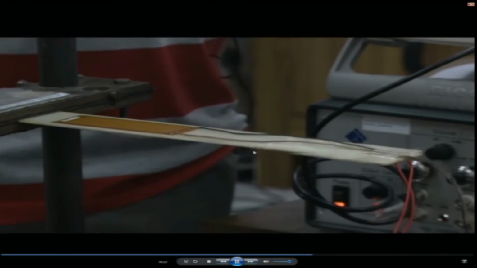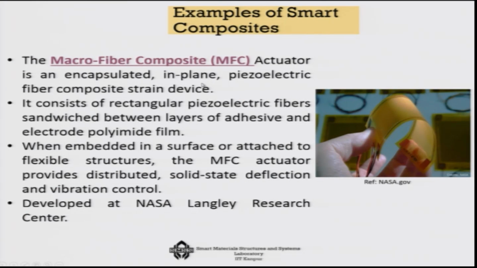So, this is macro fiber composite, and let us look into some of its properties. What it essentially consists of is piezoelectric fibers, and you can use it both as a sensor as well as an actuator. These piezoelectric fibers are sandwiched between layers of adhesive and electrode polyamide film.